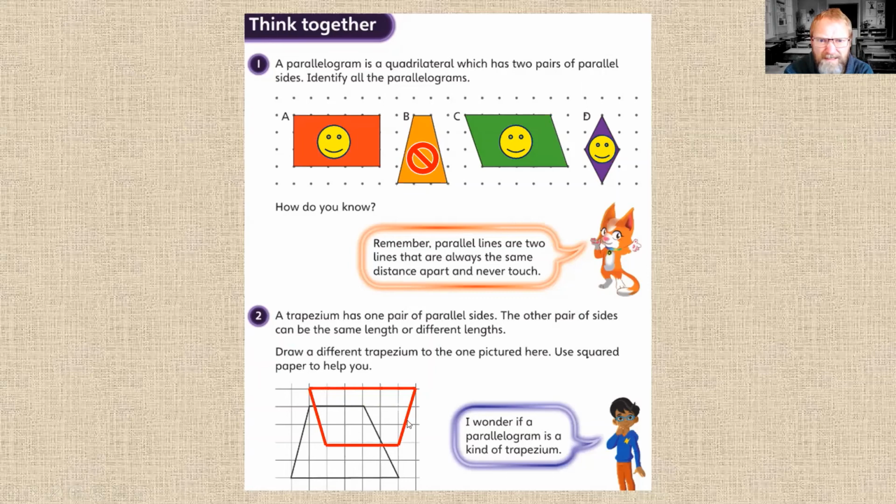So are those sides parallel? No, they're not parallel lines. So that is a trapezium. And a trapezium is different from a parallelogram because it's only got one set of sides that are parallel. The other set of sides are not parallel.